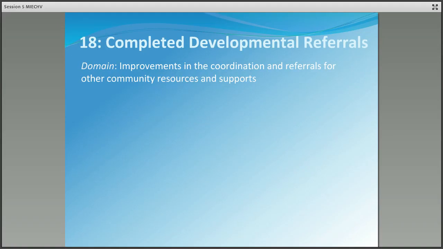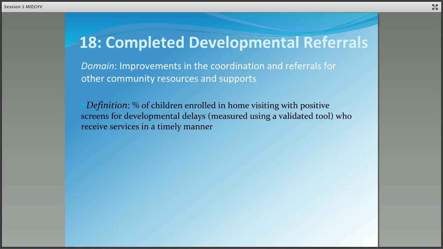Number 18 is completed developmental referrals. This is the percentage of children enrolled in home visiting with positive screens for developmental delays measured using a validated tool who received services in a timely manner.